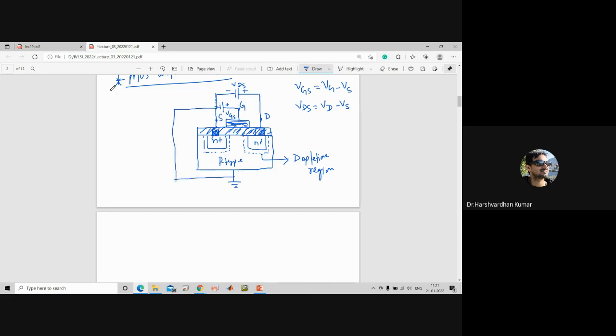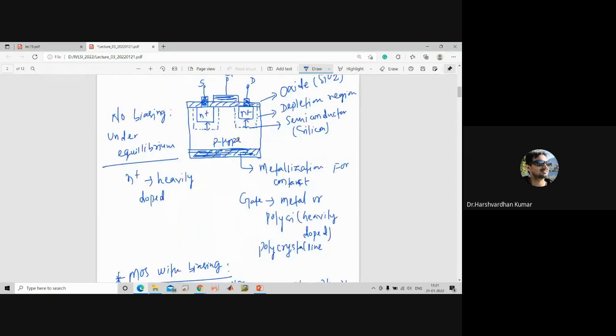Now I would like to ask you, what will happen here? See what we have to observe. Since this is an n plus region and this is a p region, there will be a junction. There will be an n plus p junction from the source side, and also an n plus p junction on the drain side.